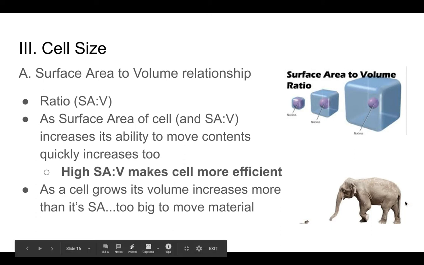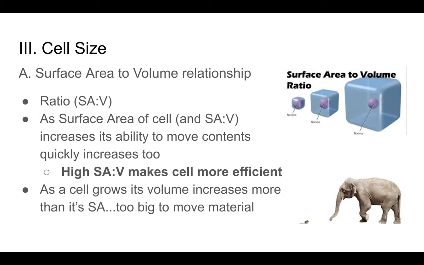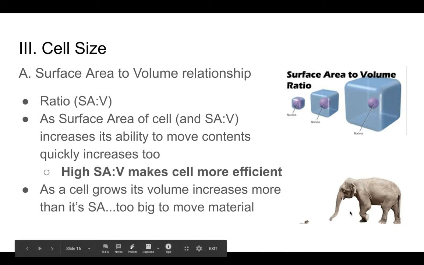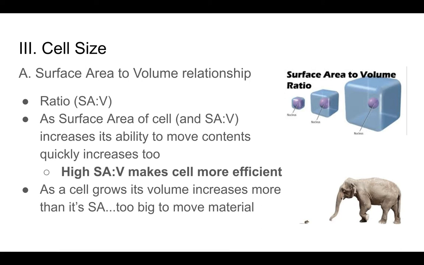Now, I have a little picture down here of a mouse and of an elephant. This is an interesting conversation that I've seen introduced to middle school students before. What size are the cells in the mouse compared to the cells in the elephant? The mouse is a very tiny organism. The elephant is a really very, very large organism. So are their cells respectively small and large? And the answer is not really.